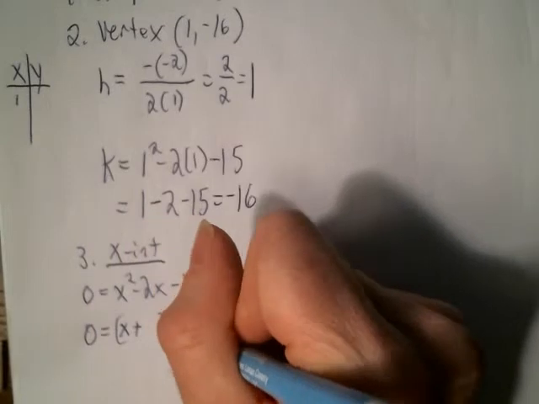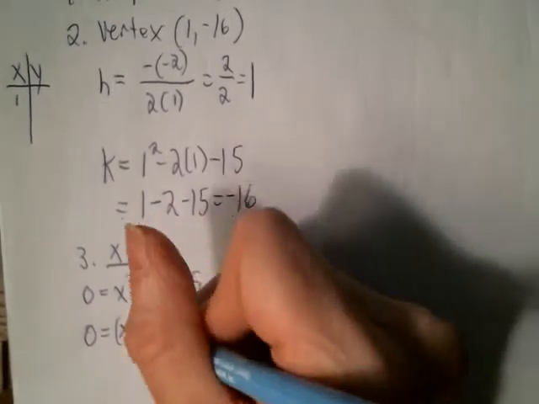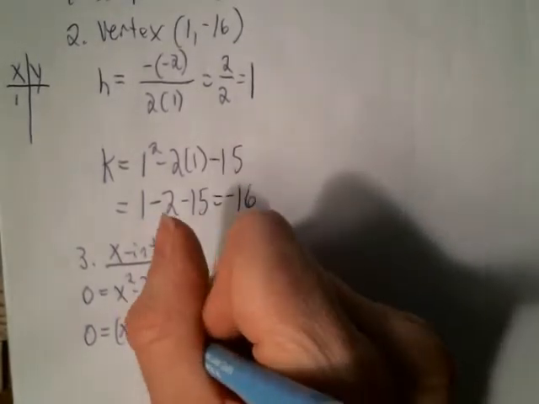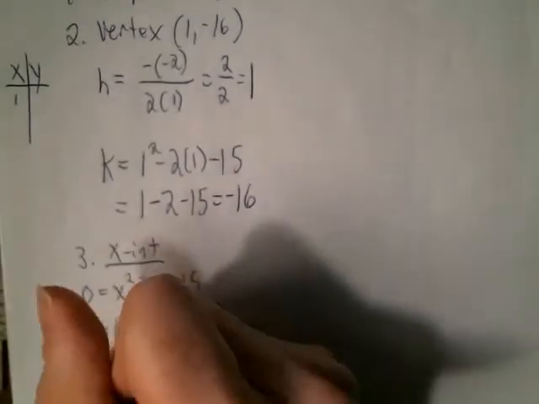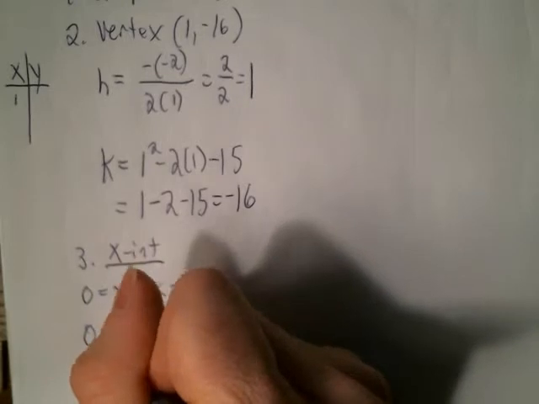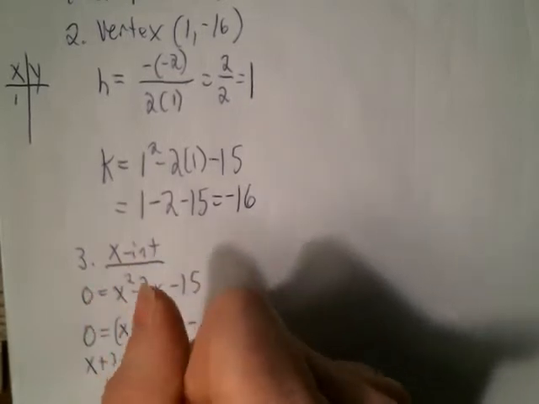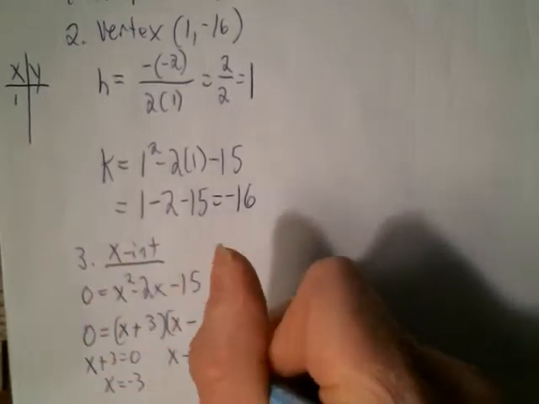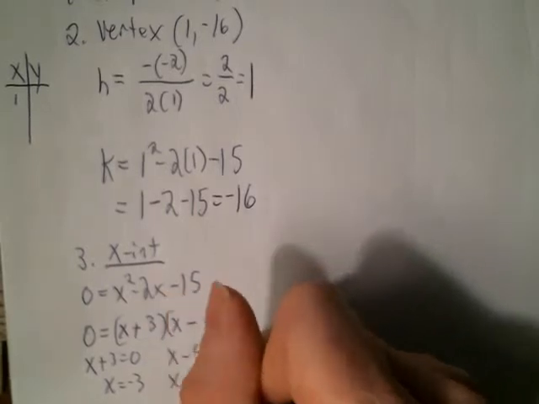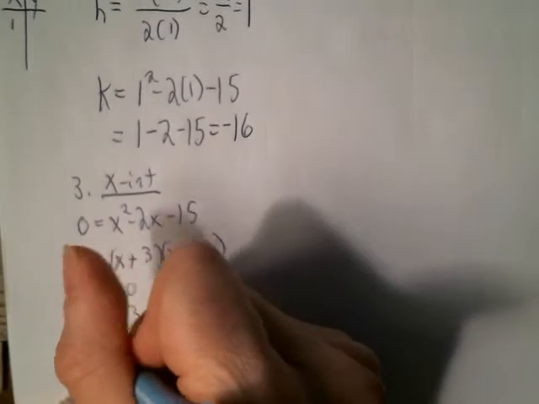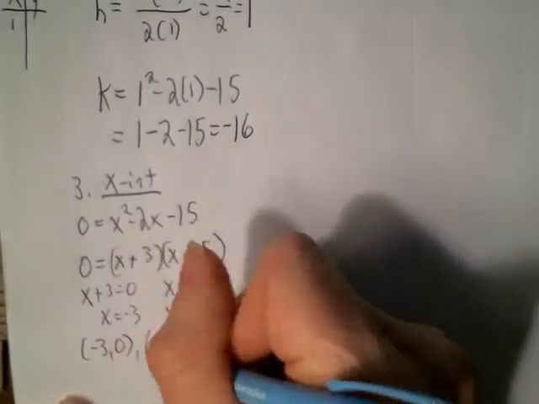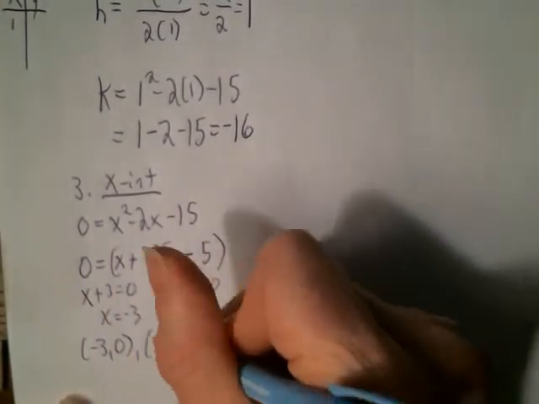It has to be plus minus. Oh, and this one works. So the big one's 5, the little one's 3. Okay. Then set each part equal to 0. So either x is negative 3 or x is positive 5. So our x-intercepts will be negative 3, 0, and 5, 0.